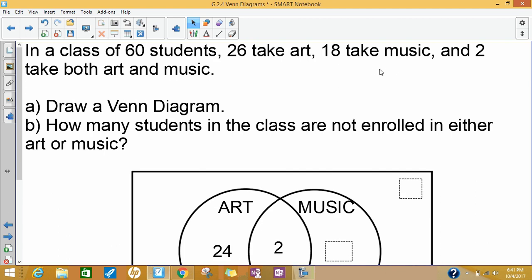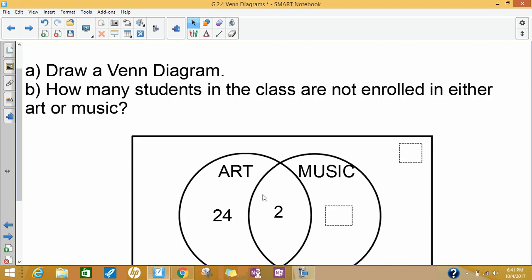18 of my students total take music, but 2 of them are in the middle already. They take both. So that means if I do 18 minus 2, I'll find out that 16 students take only music. So again, in this music circle, I have 18 students, even though I broke them up.